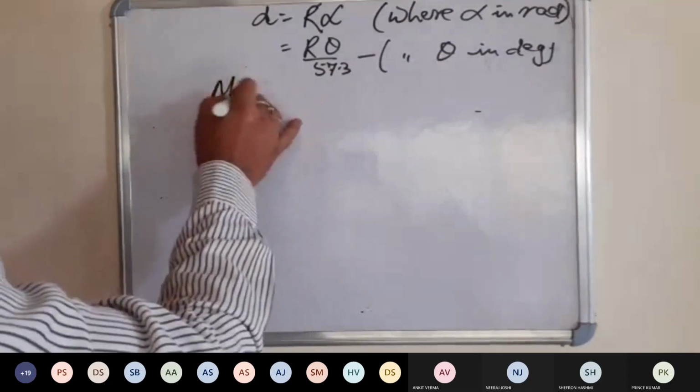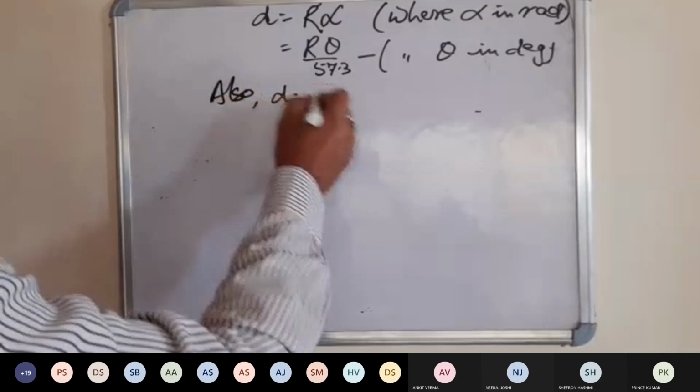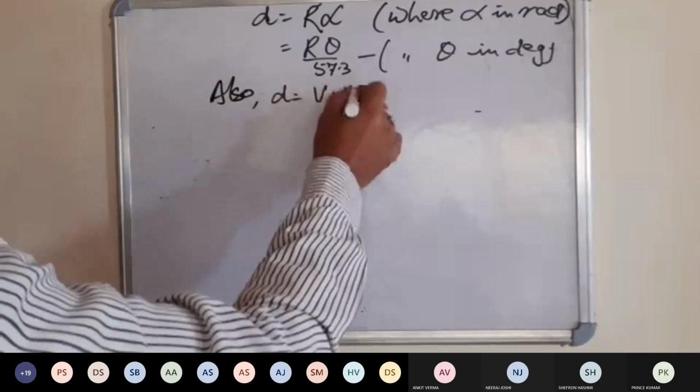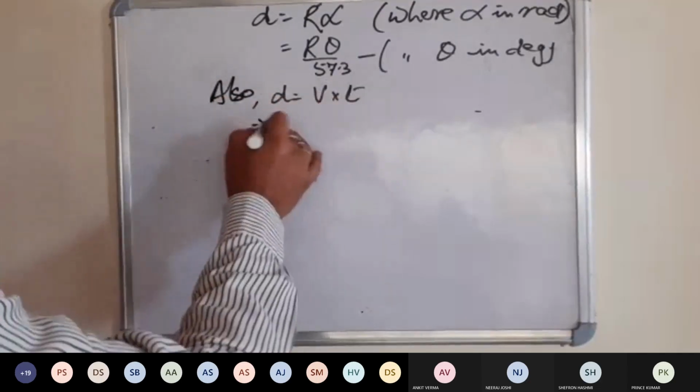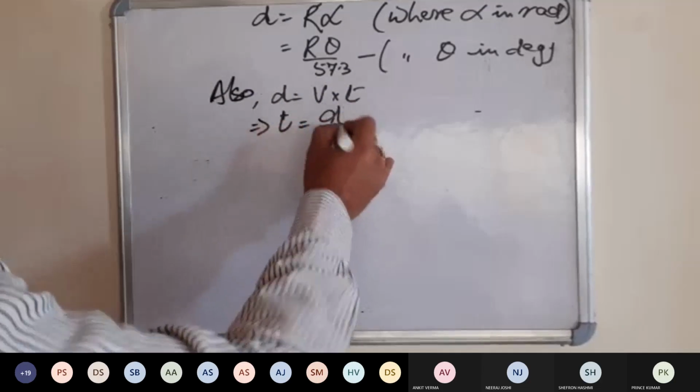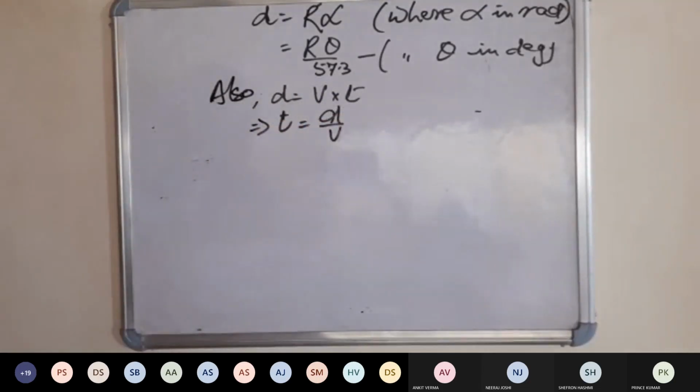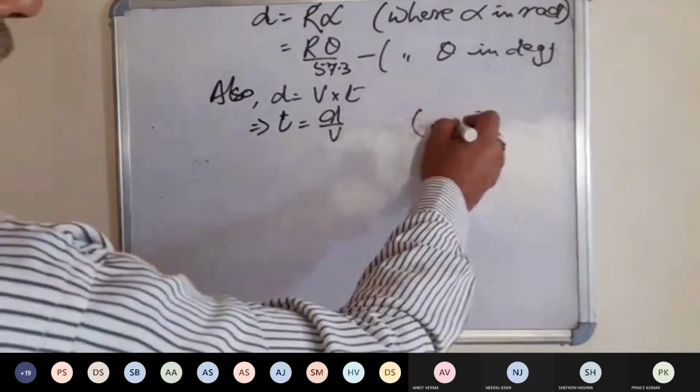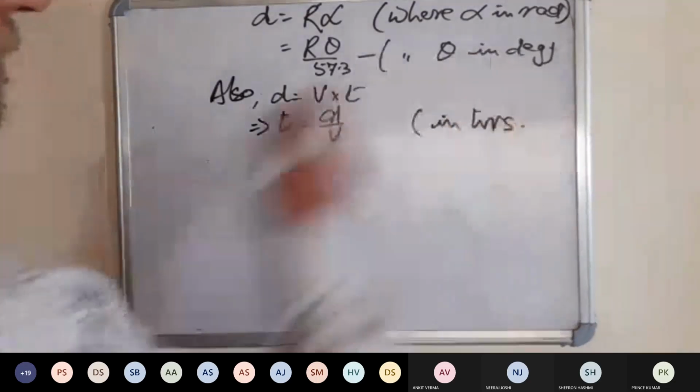Also, D is equal to V into T. That is to say, T is equal to D by V. This is in hours.